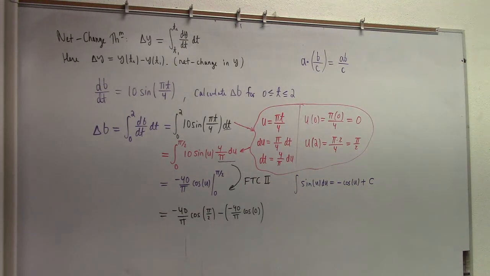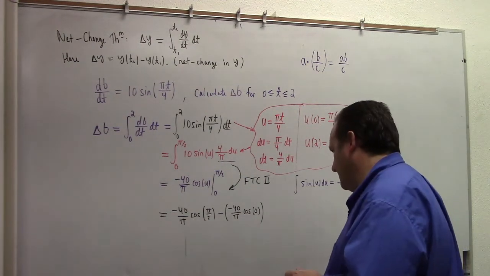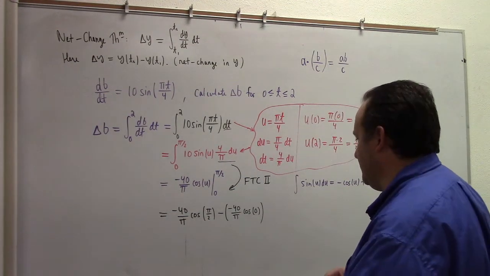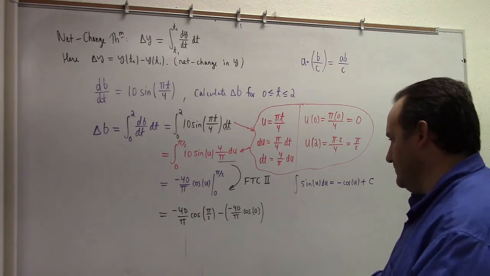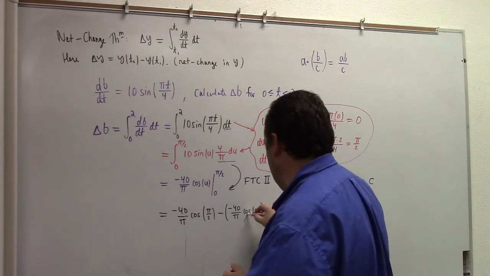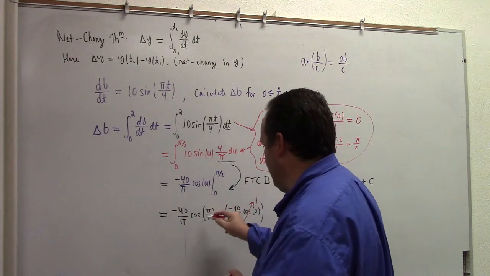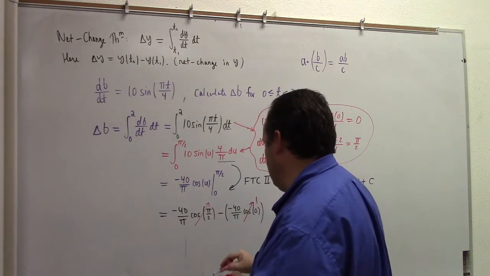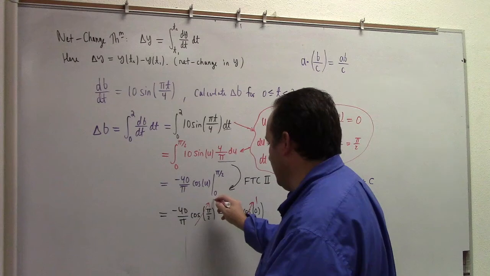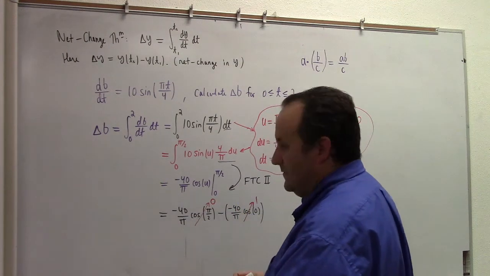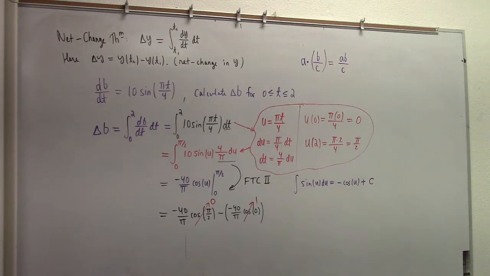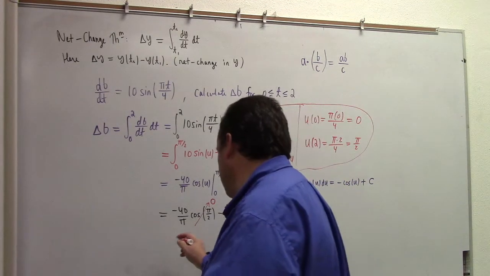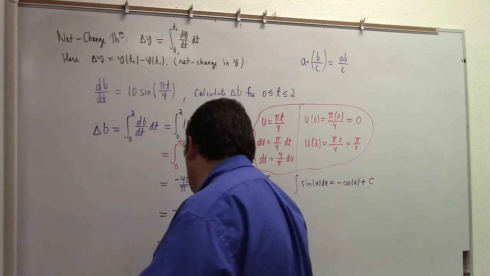What's cosine of pi over 2? What's cosine of 0? Cosine of 0 is 1. Very good. And cosine of pi over 2 is 0, cosine of 90 degrees, if you like. So minus minus gives me plus, and the answer is 40 over pi.